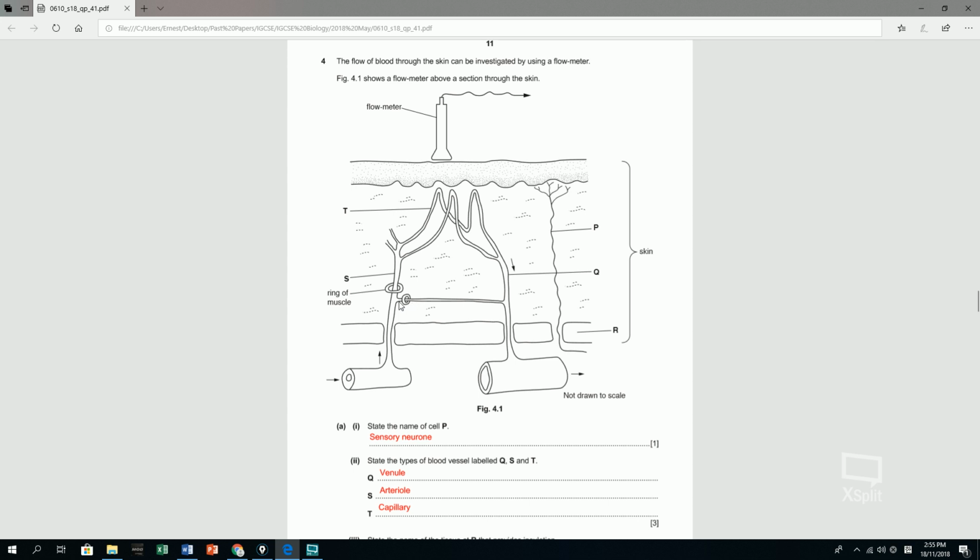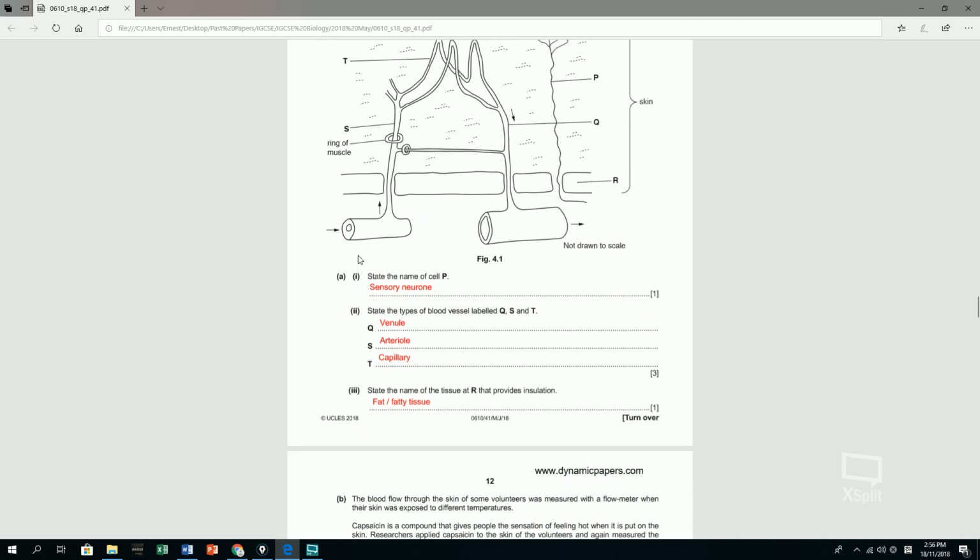And so we've got these horizontal vessels that connect an arteriole directly to the venules called shunt vessels, and both shunt vessels and the arterioles have muscular walls that can contract or dilate. Okay, so we will look at that in a bit more detail later.